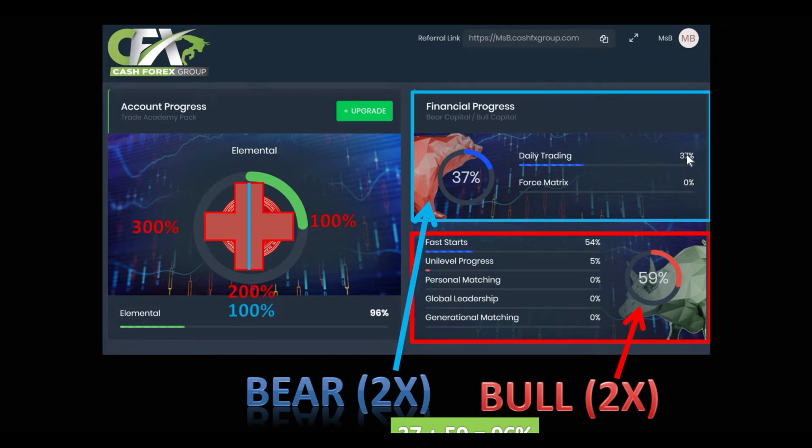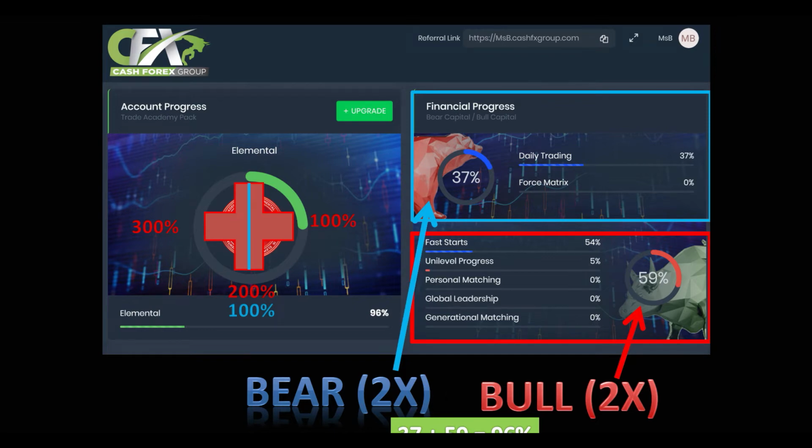Then, if you have signed up at least one person, you also get additional bonuses. And that opens up this bull area where you start to get fast start bonuses as people sign up, and also uni-level bonuses from those people who have signed up.